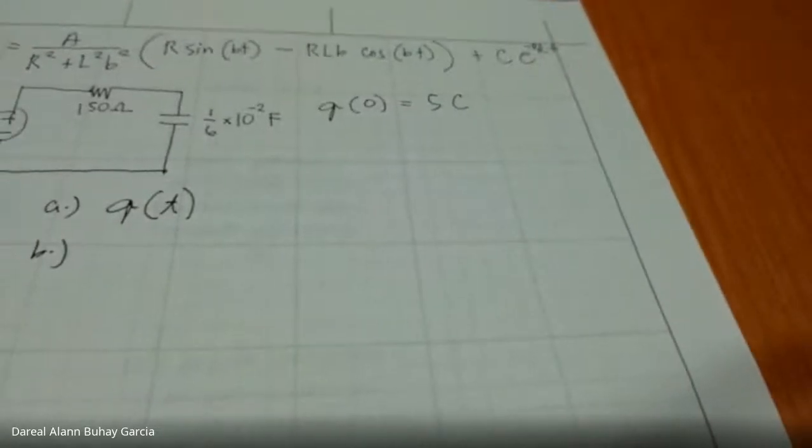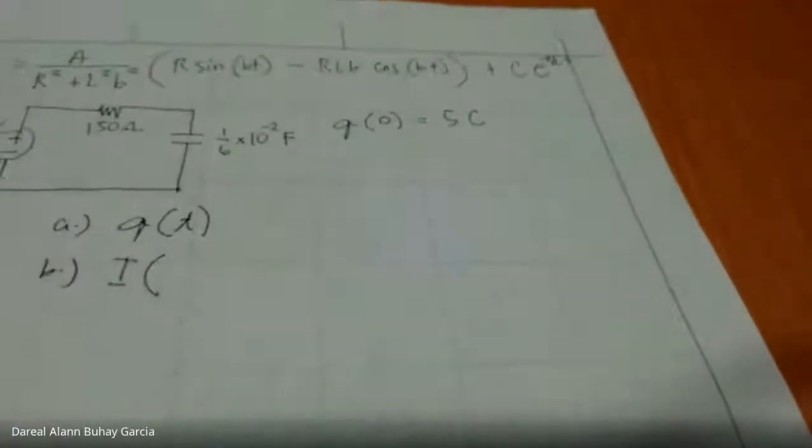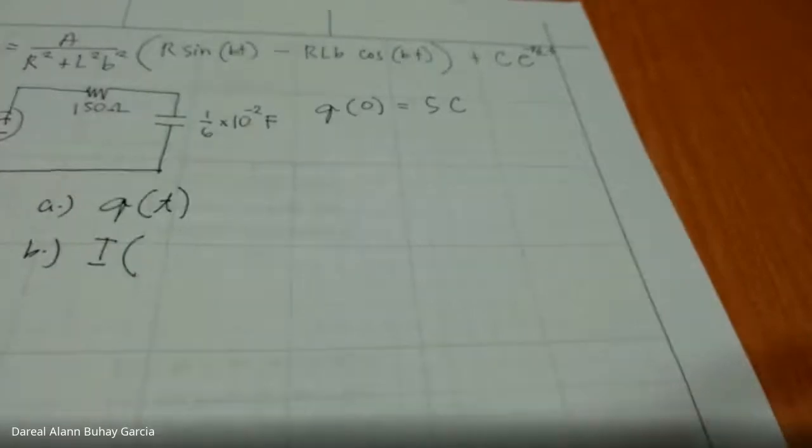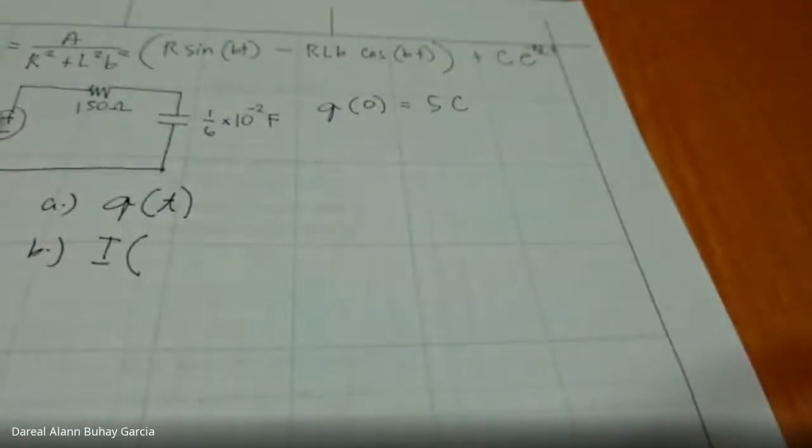So we need to find the charge on the capacitor at any time t, and the steady state current I of t.